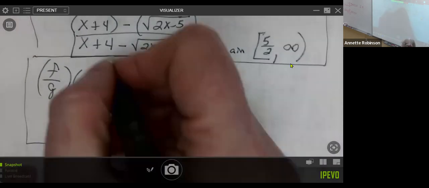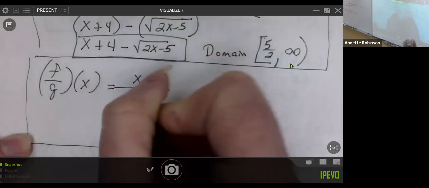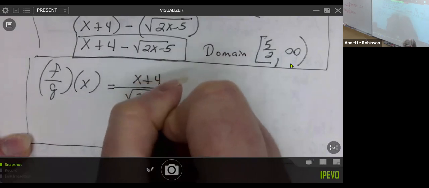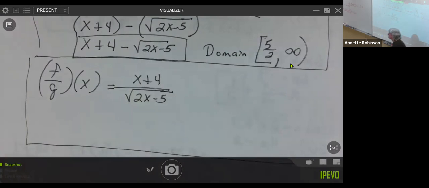So if I put f over g, do you think I can simplify any of that? Doesn't look like anything to clean up, does it? You've got a fraction and we've got a square root.